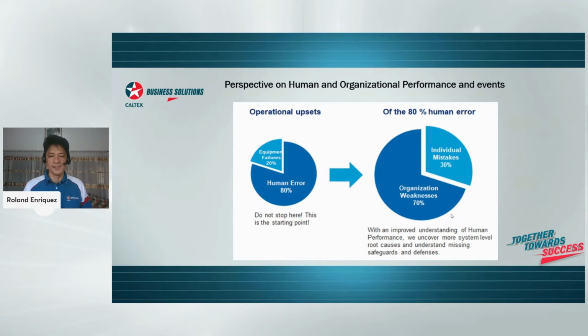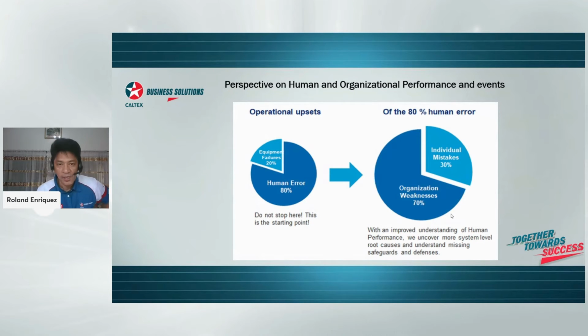We want to see the organizational weaknesses, and that is the context of human and organizational performance, or HOP, in relation to our operation. Bottom line, in our incidents, out of the 80% human error, 70% of that is driven by organizational weaknesses, meaning that it is beyond the person.